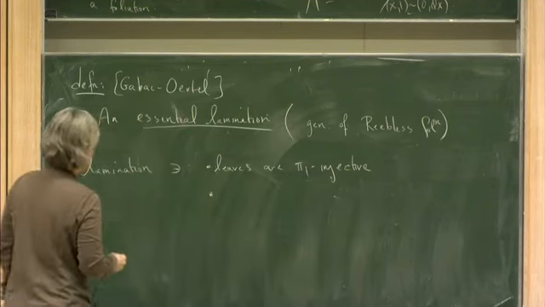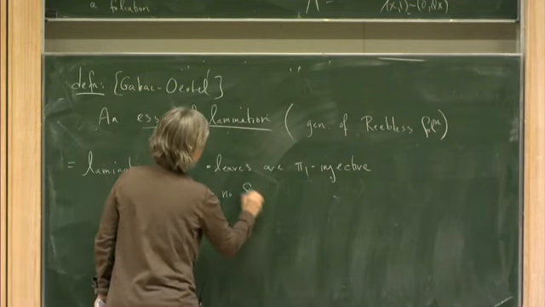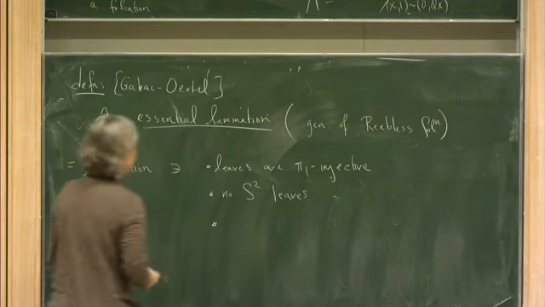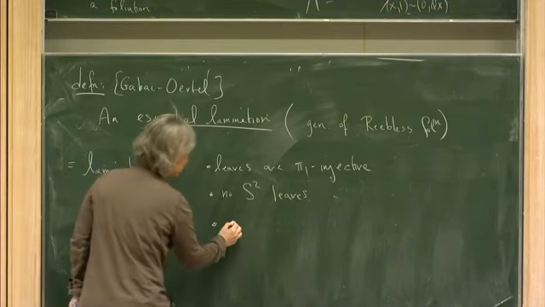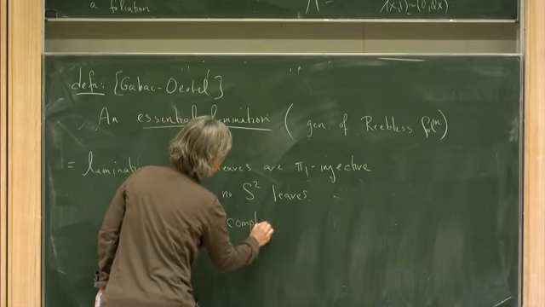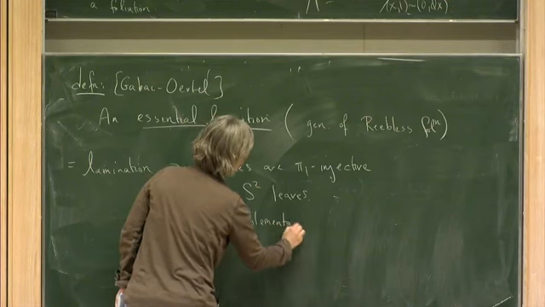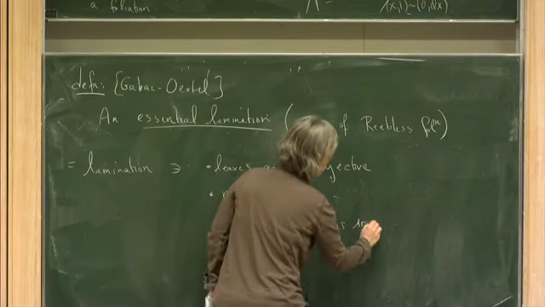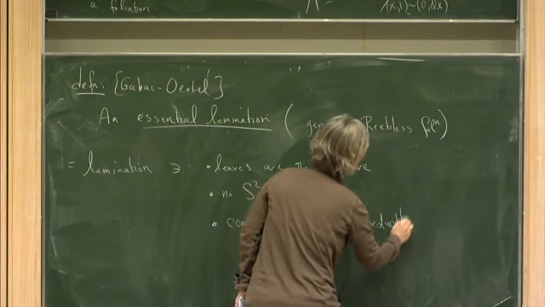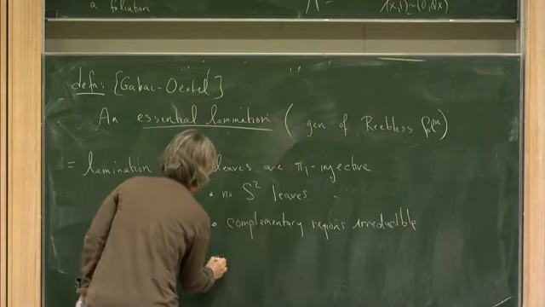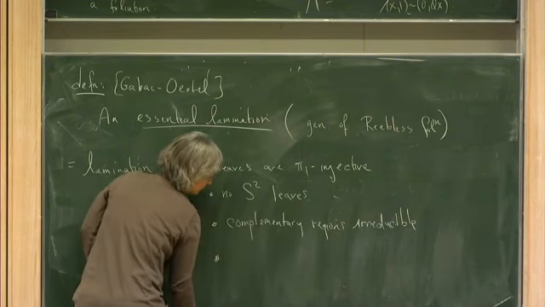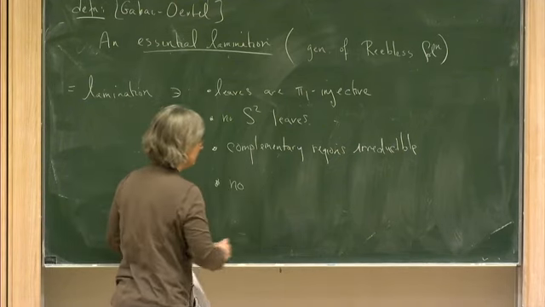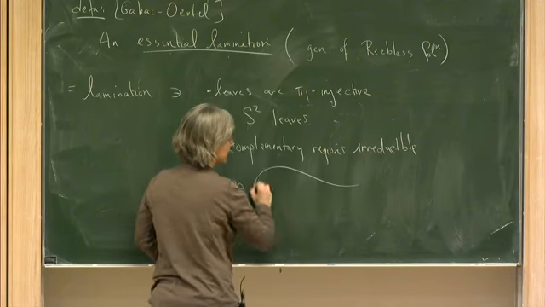We want to have no S2 leaves. And we want complementary regions to be irreducible. And then there's a slightly weird condition that we're not going to really worry about because everything we see is co-oriented today.